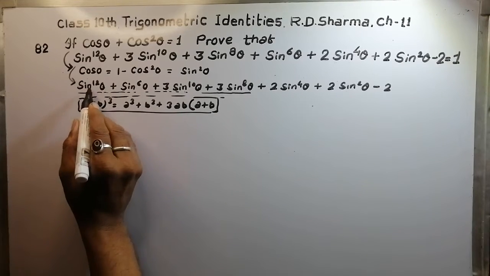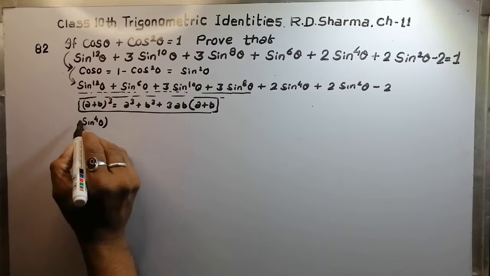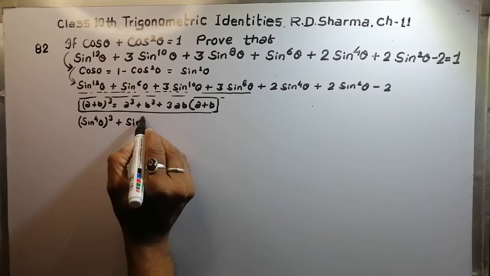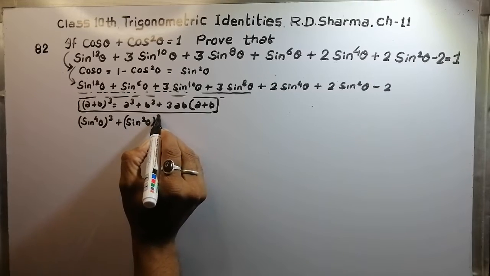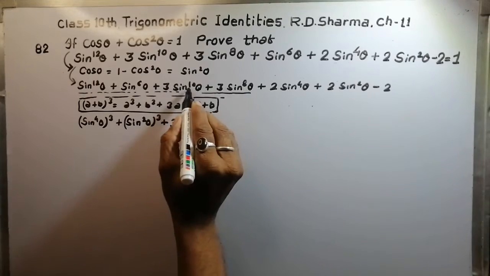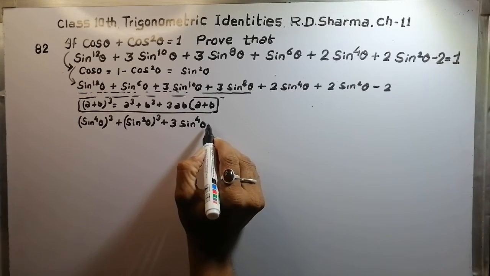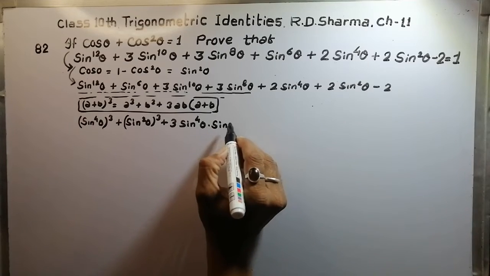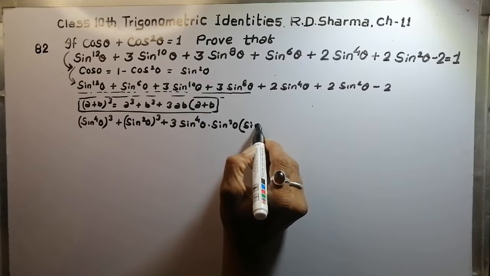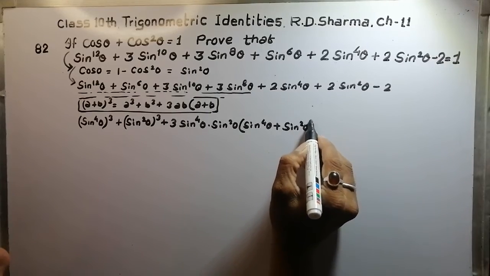We can write sin raised to power 12 theta as sin raised to power 4 theta whole cube, for 12 here, and this term we can write sin square theta cube, and here 3 sin with a as sin 4 theta and b as sin square theta, a again sin 4 theta plus sin square theta.